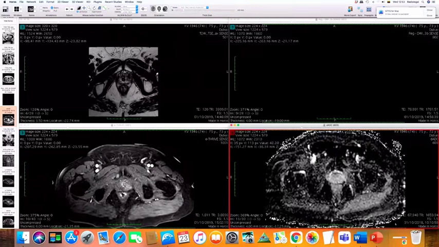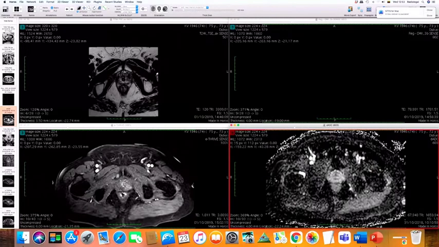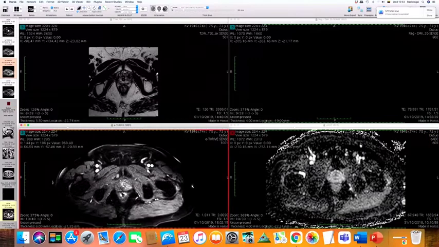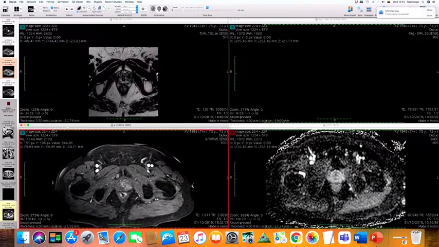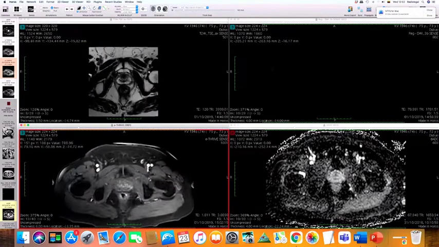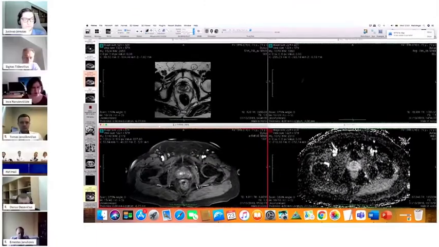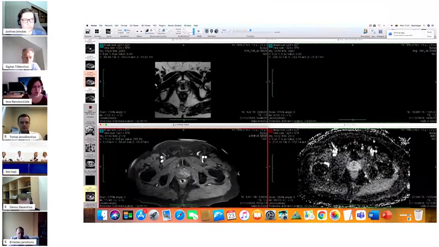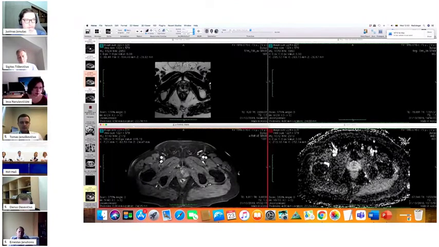So it was interpreted as possible prostatitis, but for recurrence there is not sufficient data at this time. The focus in the pubic bone is not suspicious for metastasis, just for follow-up.